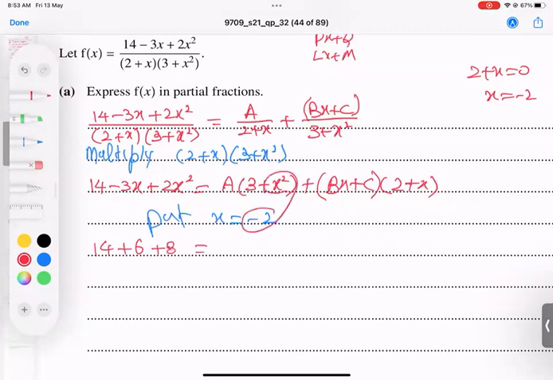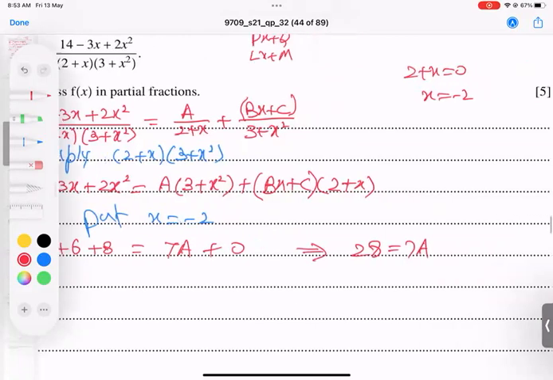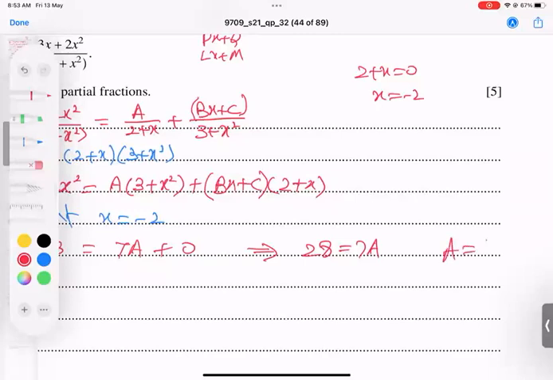When I keep minus 2 here, 3 minus 2 becomes 1, so we get 4 plus 7A. And this is 0, so the whole thing is 0. So here I get 28 equal to 7A, or A becomes 4. Okay, so A becomes 4.